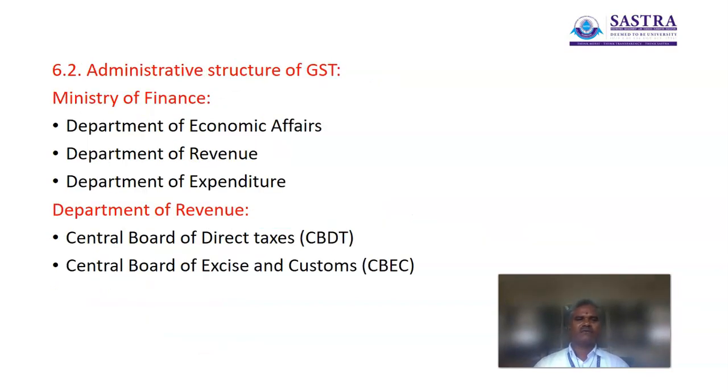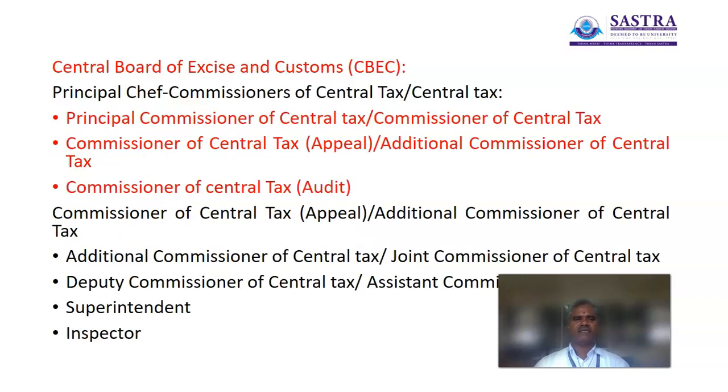Then the administrative structure of GST: the Ministry of Finance is taking care of all aspects, with the Department of Economic Affairs, Department of Revenue, and Department of Expenditure. The Department of Revenue consists of the Central Board of Direct Taxes, CBDT, and the Central Board of Excise and Customs, CBEC.